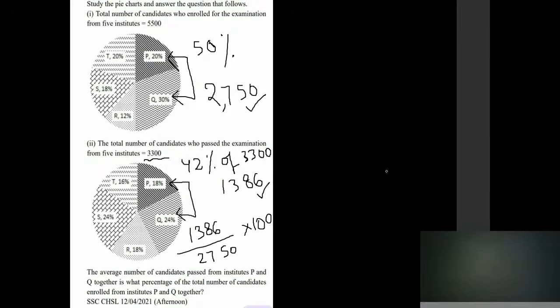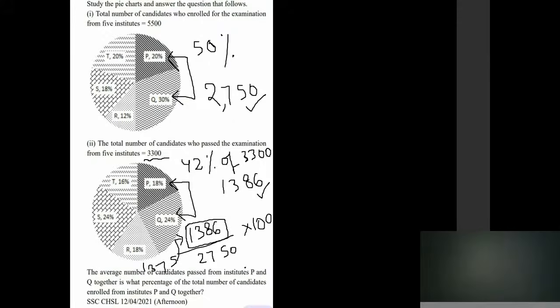Now, if you observe, 1386 is nearly half of 2750. If we divide 2750 by 2, we will be getting 1375. Half of 2750 is 1375, which is approximately equal.